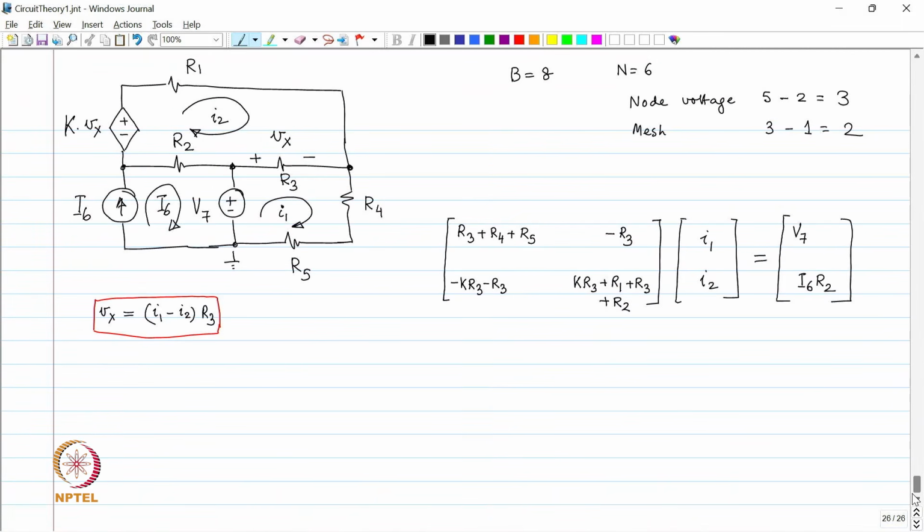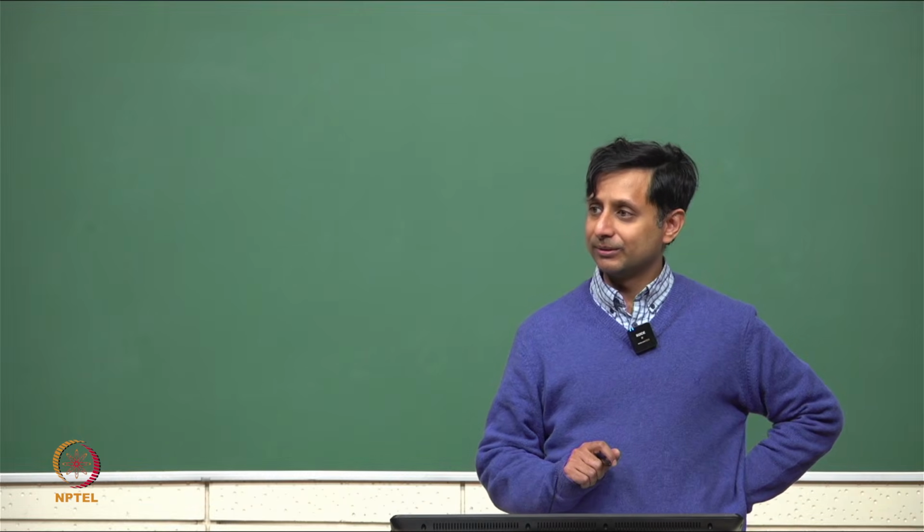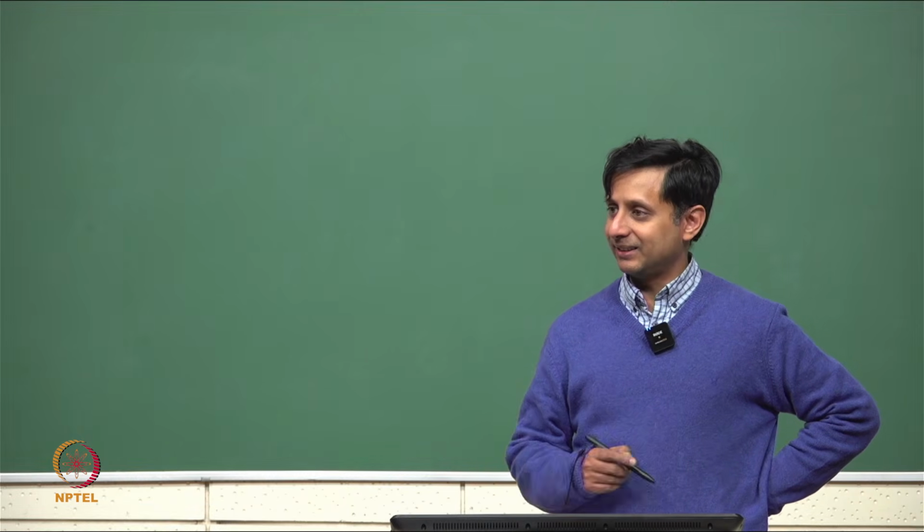Whenever you have controlled sources, symmetry in the matrix is going to break. If your circuit does not have controlled sources, then the matrix is going to come up symmetric. As soon as I throw in some controlled sources, the symmetry is going to break. However, if the value of k is equal to 0, then the matrix again is symmetric.